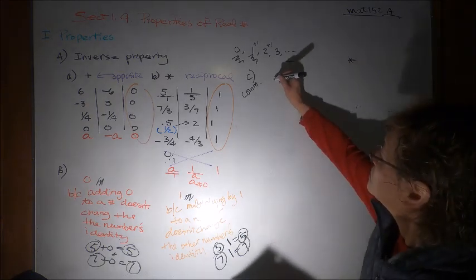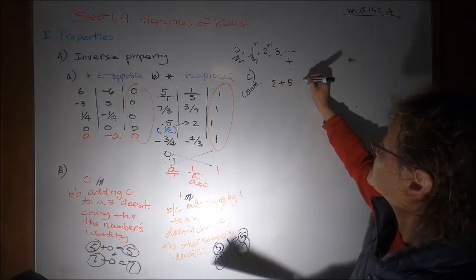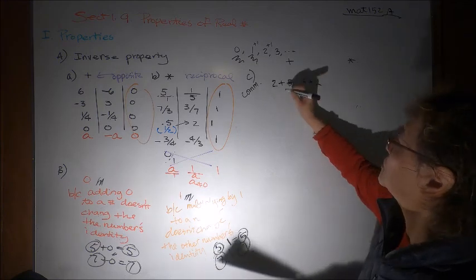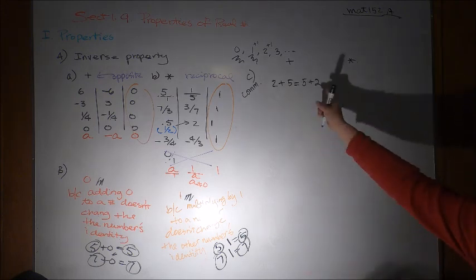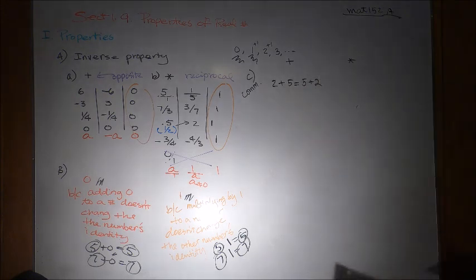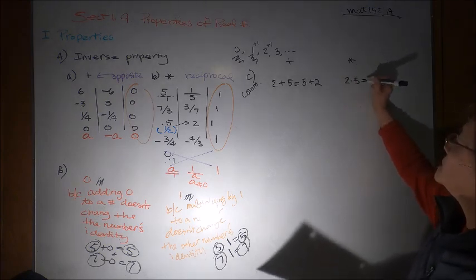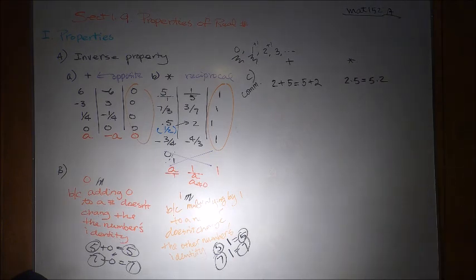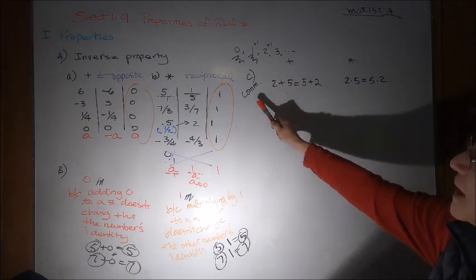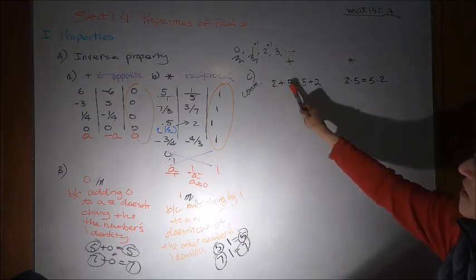For addition, if I have 2 plus 5, is that the same thing as 5 plus 2? Both are 7, right? So we can interchange, commute these two numbers. And same thing with multiplication. Is 2 times 5 the same thing as 5 times 2, right? So we say this one is the commutative property of addition.